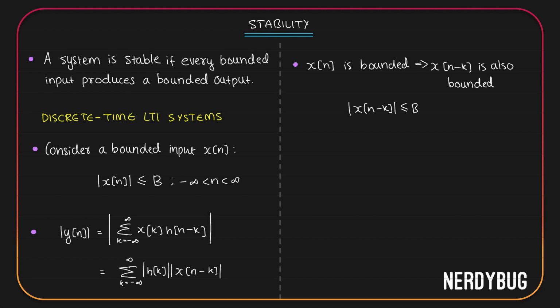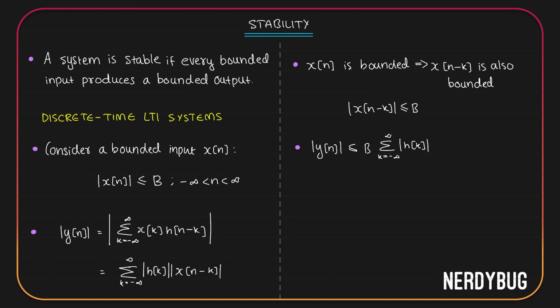But the magnitude of x[n minus k] is always less than or equal to B, so we can take it out of the summation. The magnitude of y[n] should be less than or equal to B multiplied by the summation from k equals minus infinity to infinity of the magnitude of h[k]. We gave x[n minus k] the value less than or equal to B and took it outside the summation.